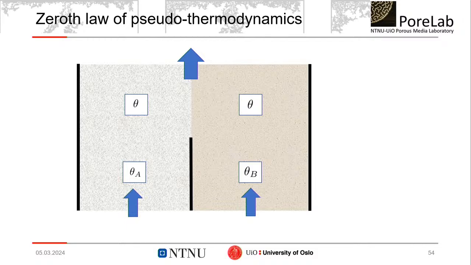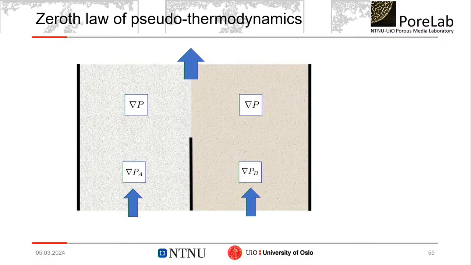I have one porosity here, and I have another porosity here, or one set of wetting properties here, another here. And I send in two liquids here, with different velocity and so forth. They have different agitor, and then I remove this bar here, and then up here they mix, and they end up with the same agitor. That's what you need.